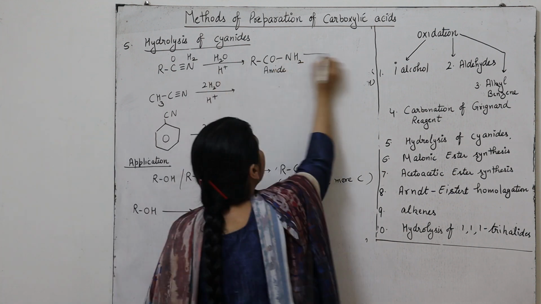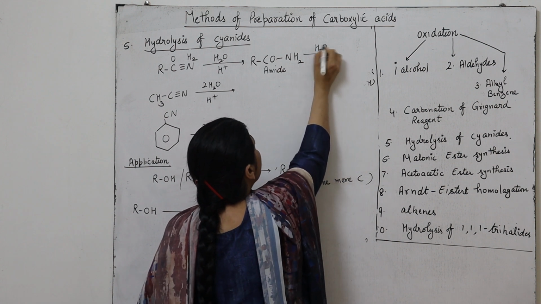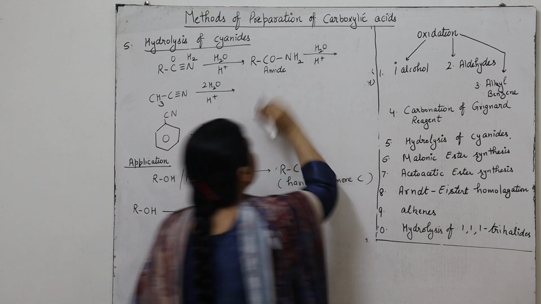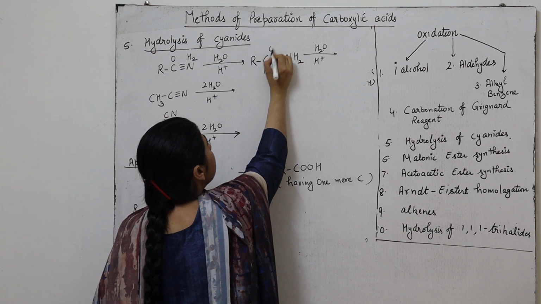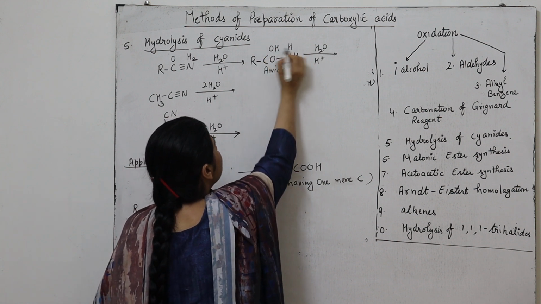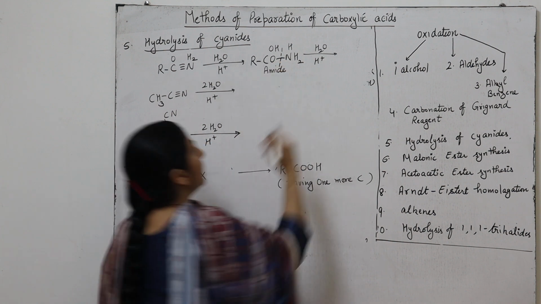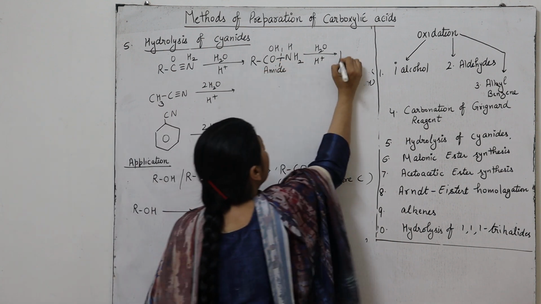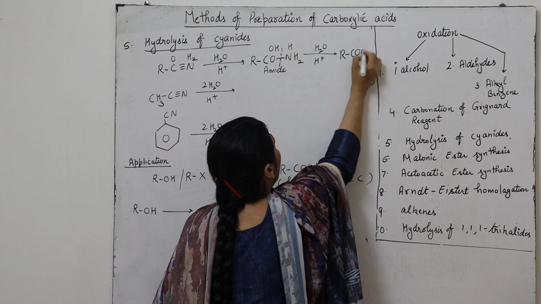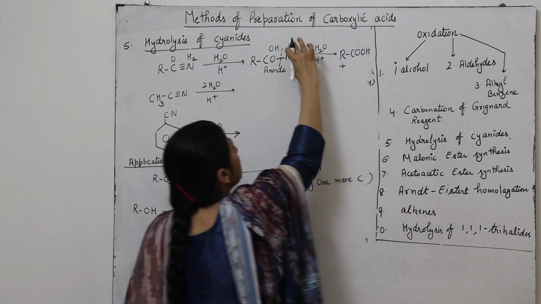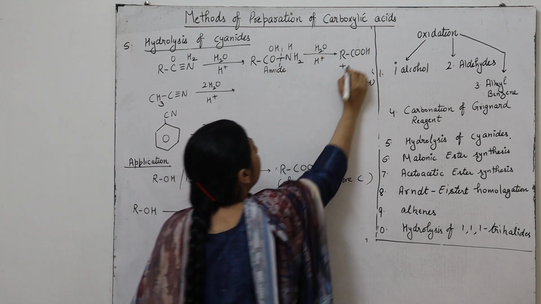Amide further undergoes hydrolysis in the presence of acid. Again, hydrolysis means OH and H, and there is a breakage of the carbon-nitrogen bond. In this case, we get RCOOH with the formation of ammonia, NH3.